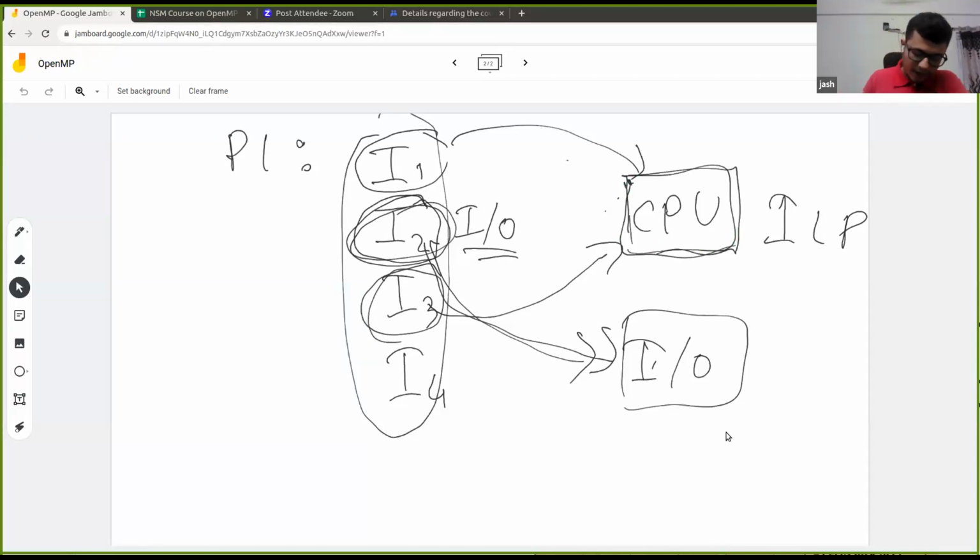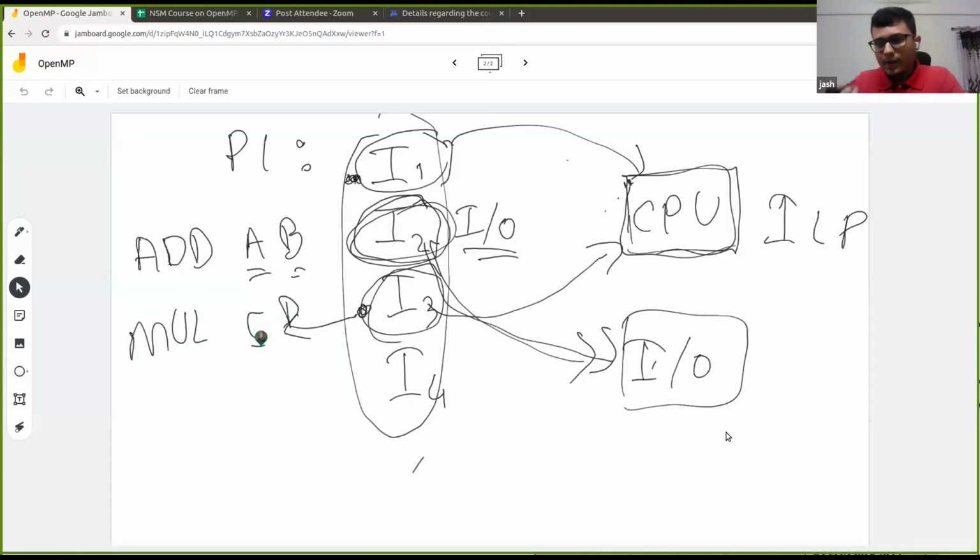The parallelism comes from, let's say, instructions I1 and I3 being independent, right? So I1 and I3 can be executed in any order. Let's say I1 was an add operation on A and B, which are some variables, and I3 was a multiply operation on some different variables C and D. These two instructions are in no way dependent on each other, because they are manipulating different variables.